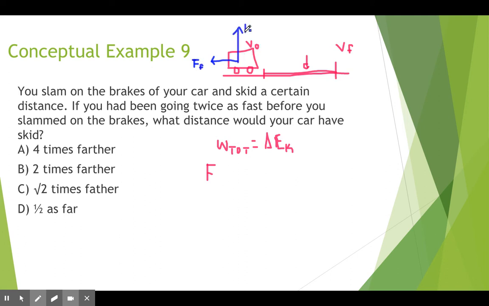In the y direction, we have the normal force and the force of gravity, which are not super relevant here. So that frictional force is the force, and the work done by friction here will be equal to the total work.